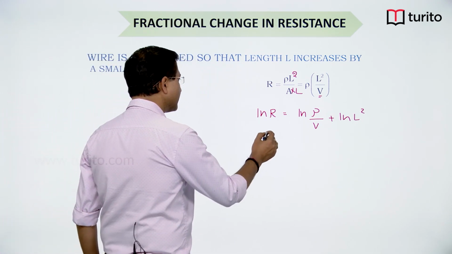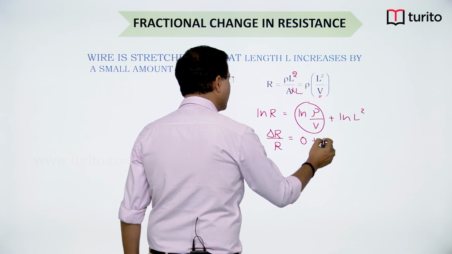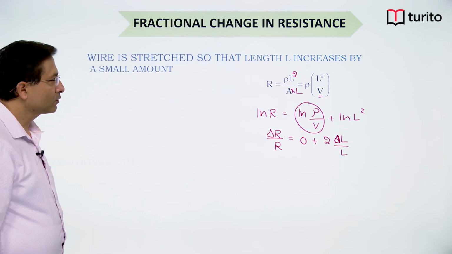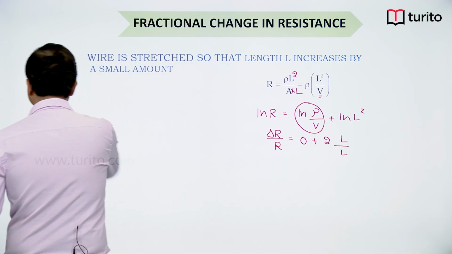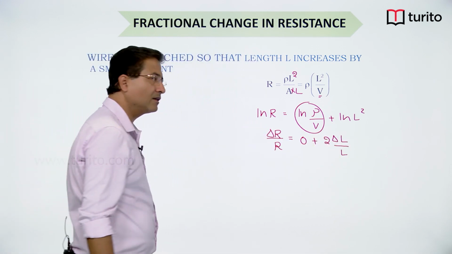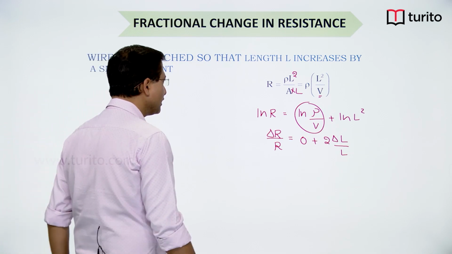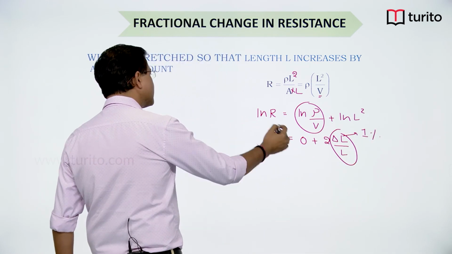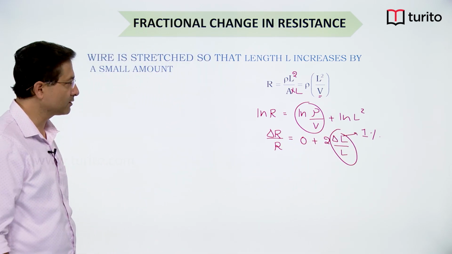If I differentiate this one, then I will get delta R by R is equal to, as this is constant, this value will be 0, 2 times delta L by L. So, you can see that twice the fractional change in length is equal to the fractional change in resistance, or I can say that if the fractional change in length is 1%, then resistance will change by 2%, multiplied by 2. So, it will become 2 times.